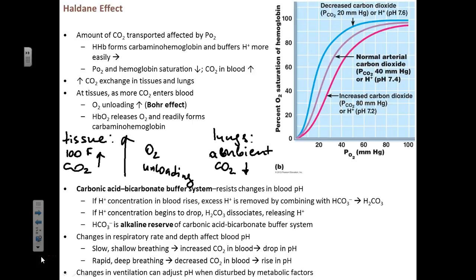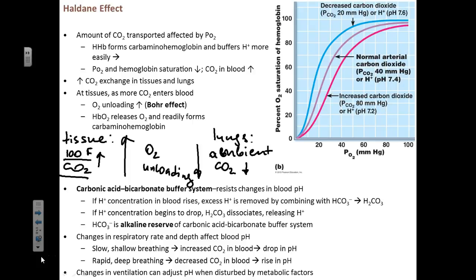Yeah. It's warm, it has higher CO2. In the lungs, there's no unloading. There's actually loading. Does that make sense? So try to think in terms of physiology, try to imagine this process going on back and forth.